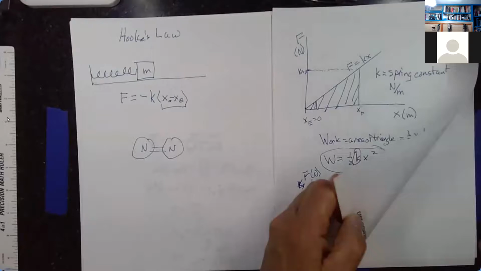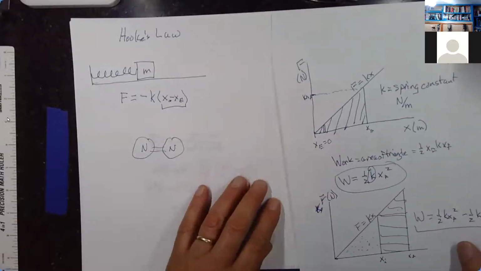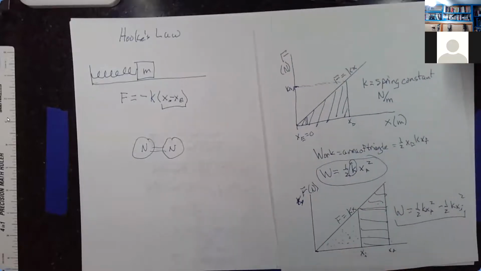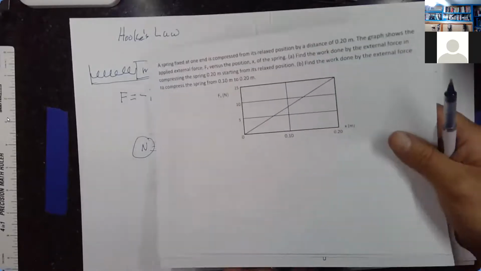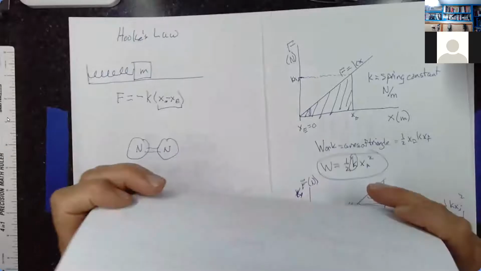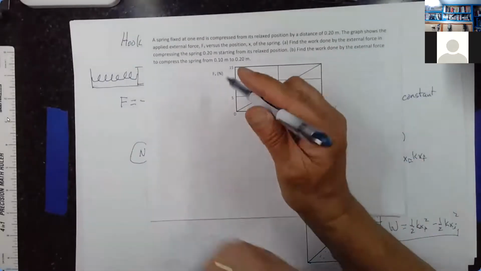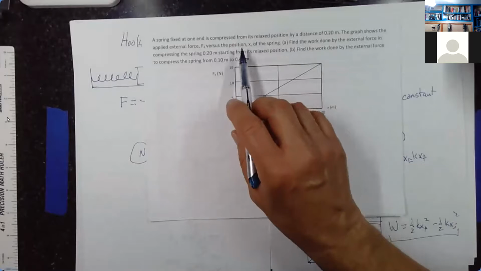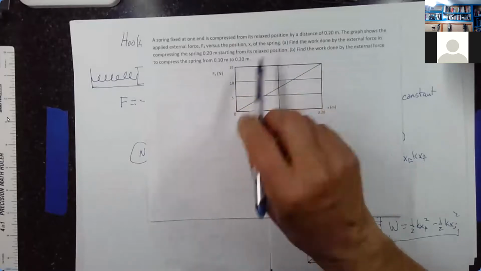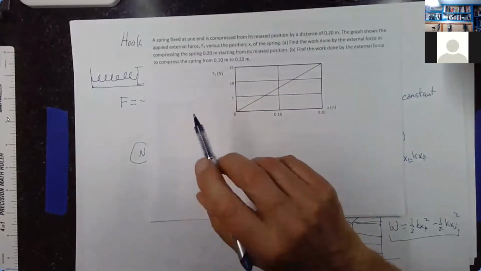All right, well, let's try one of the sample problems I stuck over here. These are on the handout that I posted here for today. We have a spring fixed at one end, compressed from its relaxed position by a distance of 0.20 meters.